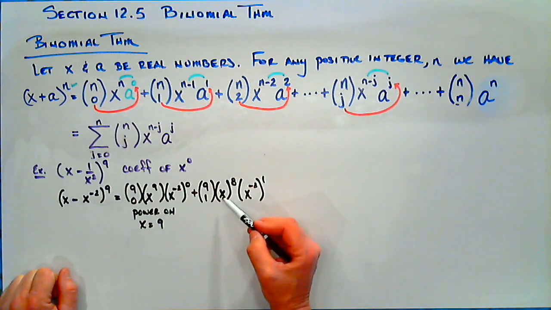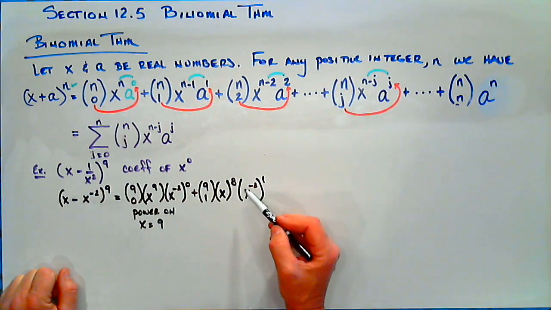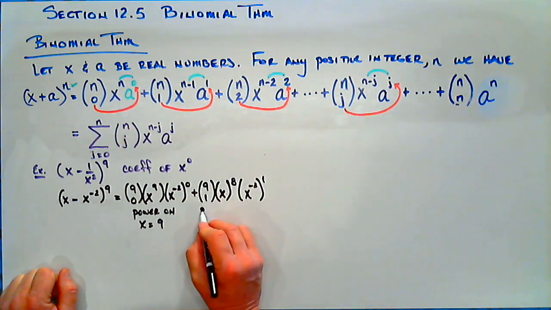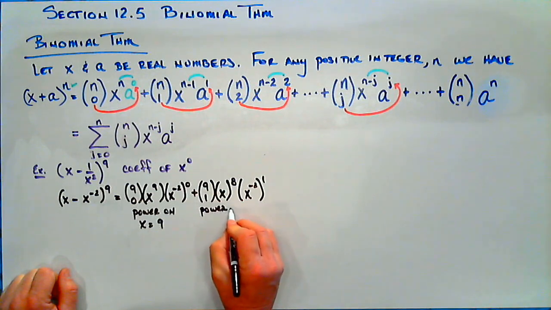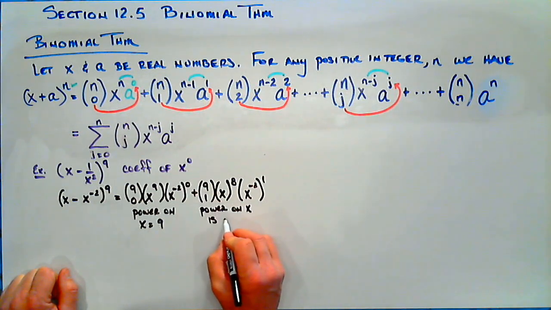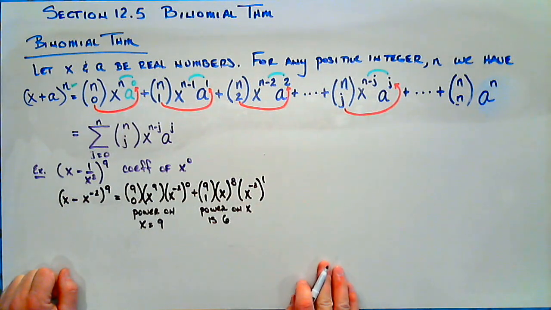Think this through. This is x to the 8th. That's x to the negative 2. So I subtract 2. Our power on x is 8 minus 2. That's 6. 8 minus 2 is 6.